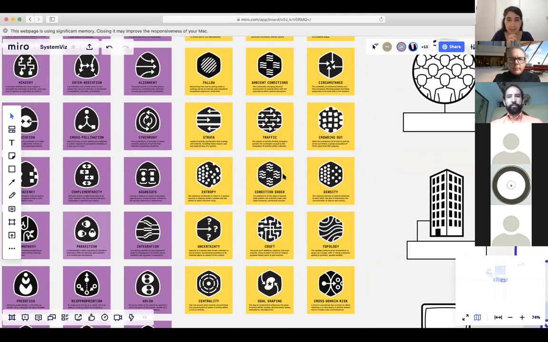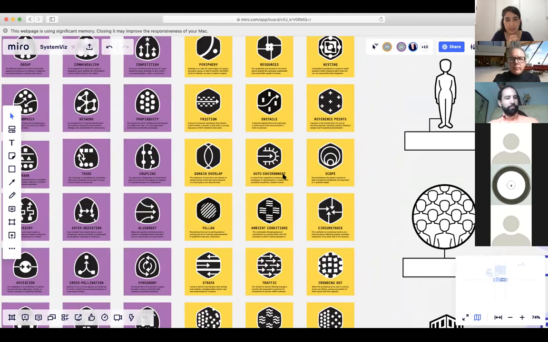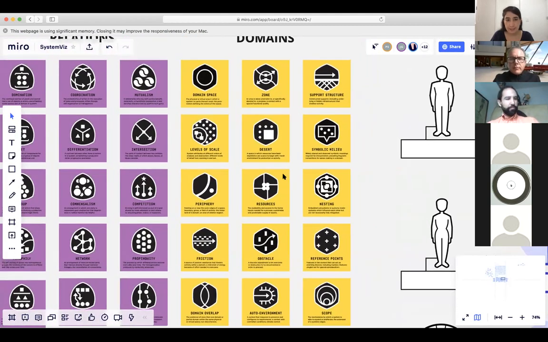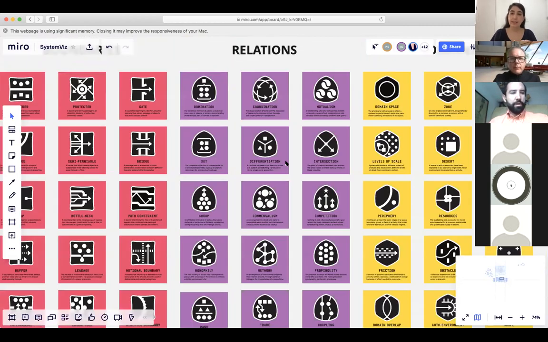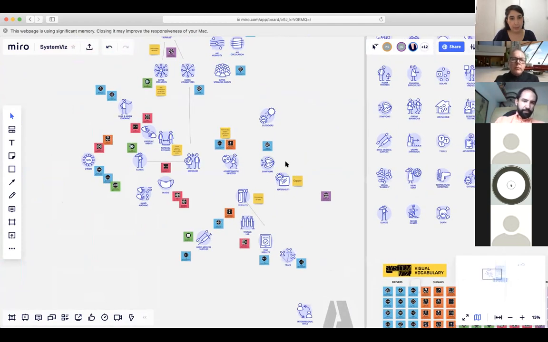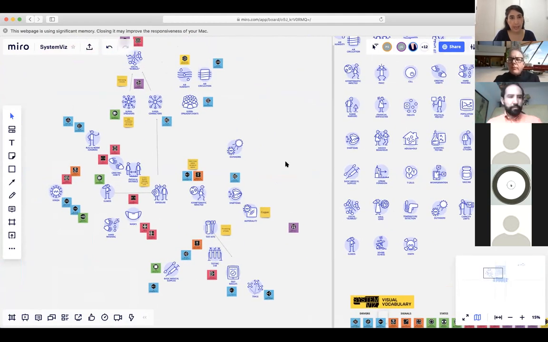One of the things that we found really interesting about this is what happens after we map the system. It is a way to identify the type of interventions or actions that we would like to enact, or it could inform the creation of a strategy, right?